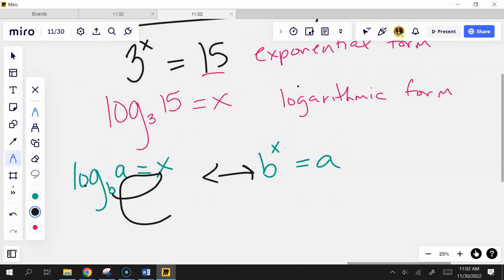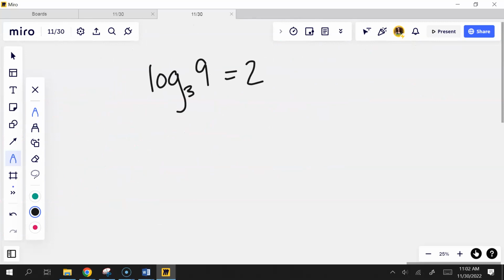This is exponential and logarithmic forms. They're the same thing. So write it in exponential form. What's the base? 3. Logs are exponents, so what's the exponent? 2. What's it equal? Is that true? Yes.